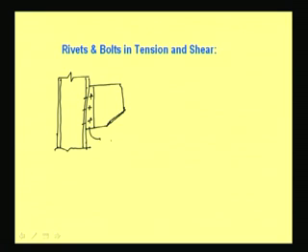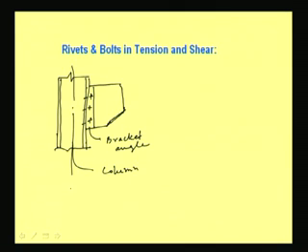Now, this is bracket angle, this is column, and so if force P is applied and E will be this one. That means, if the moment is not applied in the plane of rivet, if the force is applied in such a way that it is not in the plane of rivet, in this case the moment will be P into E.